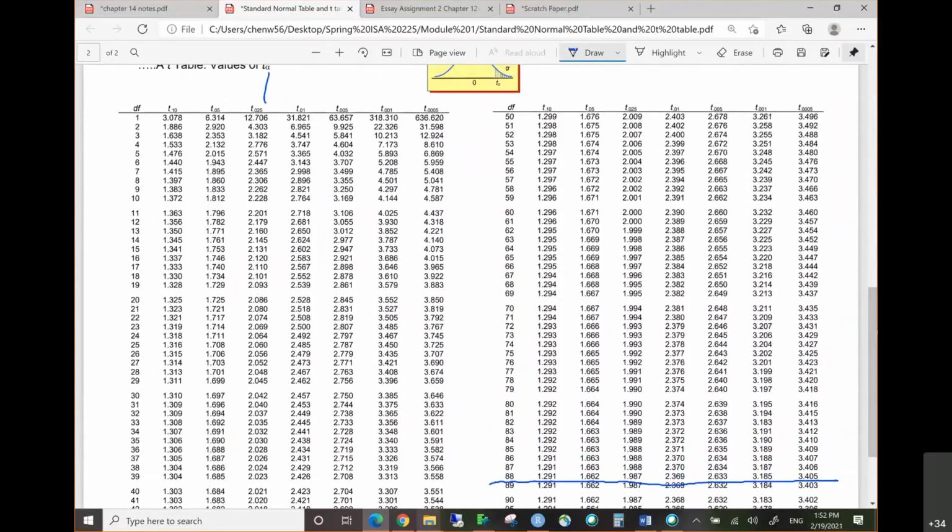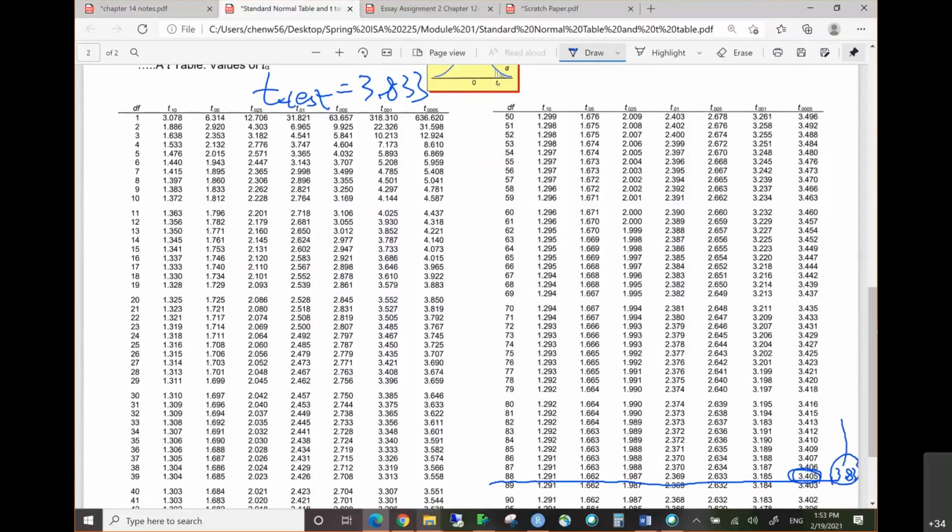Our t-test statistics is calculated as 3.833. Right, so where is our 3.833? The largest value in this line is 3.405. So that means this 3.833 should be to the right of 3.405, would be somewhere here.